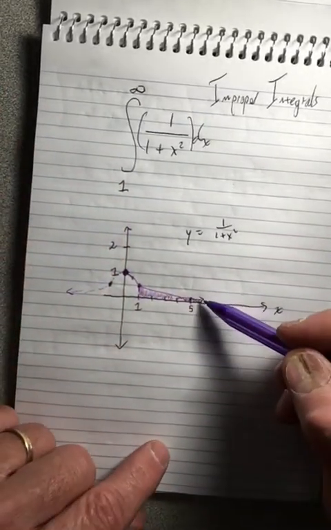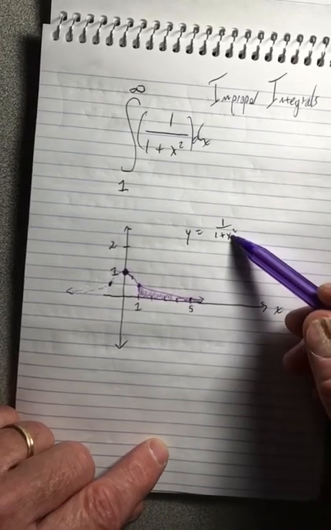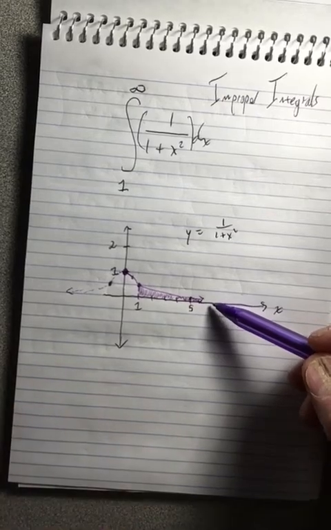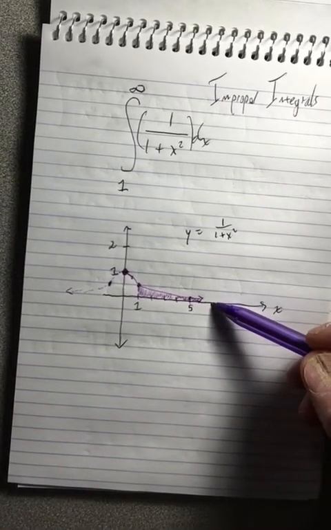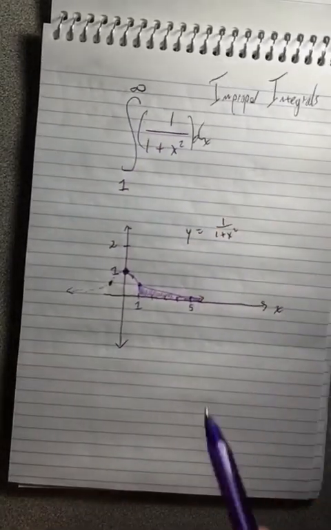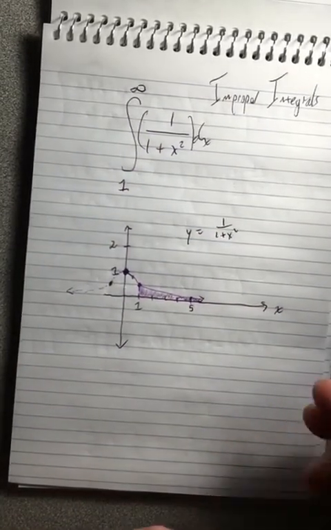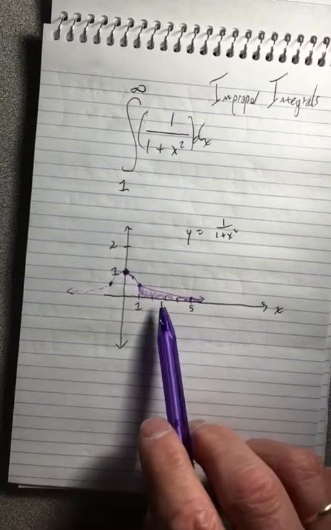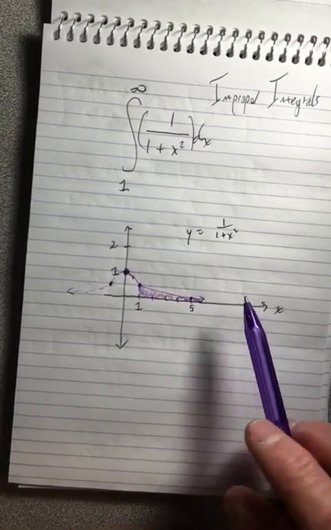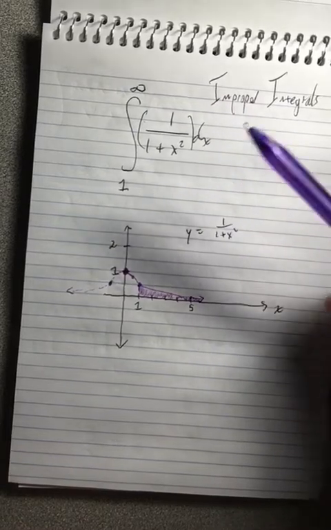There's always a positive difference between the output of the curve and the x-axis, but it's asymptotically approaching 0 as the x values go to infinity. So this is an improper integral because the area is infinite.